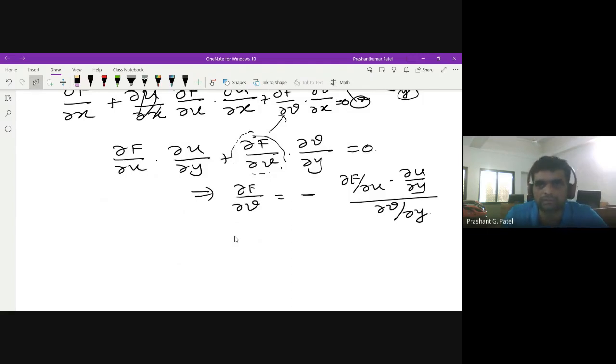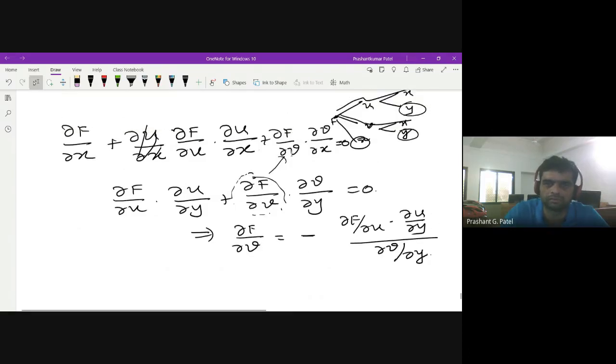We substitute this value of ∂F/∂v into the first, which will eliminate ∂F/∂v. Call this equation 1 and the other equation 2.